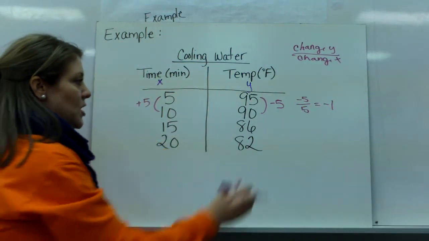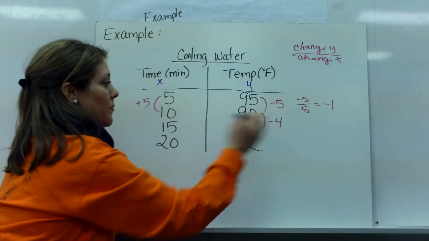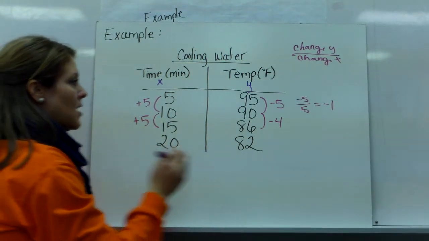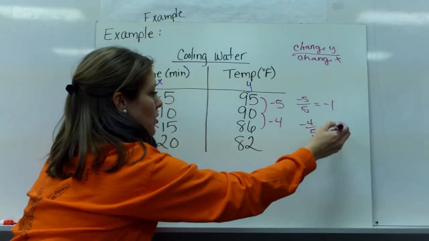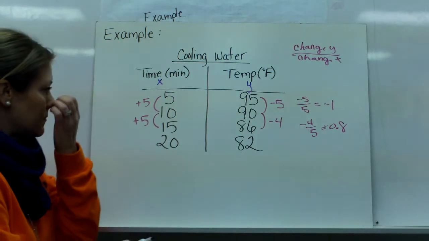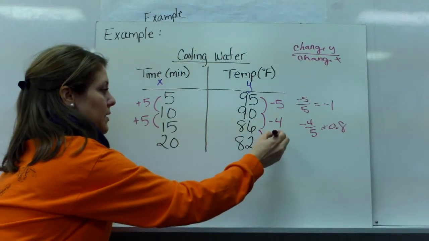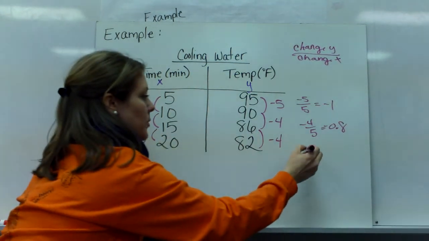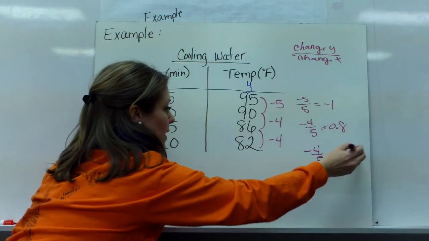The next change we see, we're going down 4 and up 5 for the x's. So this is actually -4/5, or negative 0.8. Then for the third situation, we are again going down 4 and up 5. So we have another negative 4/5 or negative 0.8.